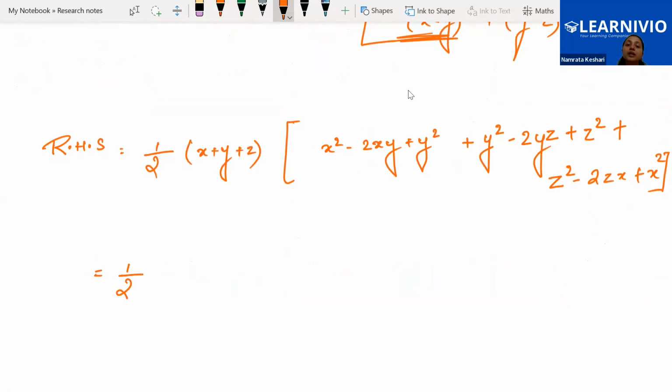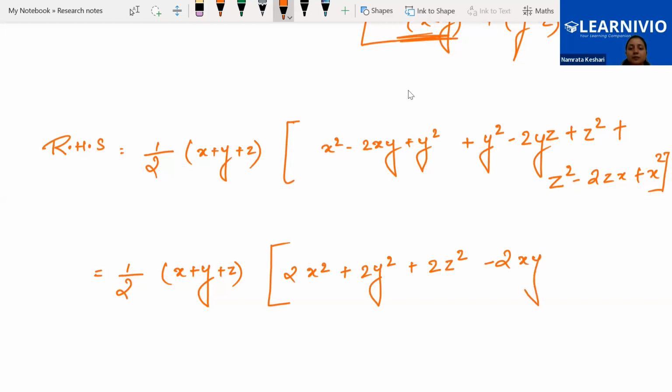Tell me what we are going to get in the rectangular bracket, this big bracket. 2x square plus 2y square plus 2z square minus 2xy minus 2yz minus 2zx. Everyone is getting the same?